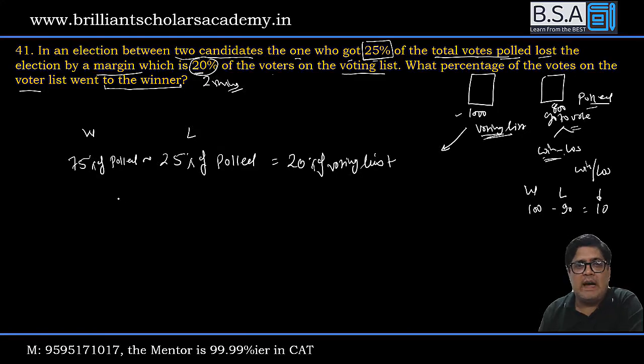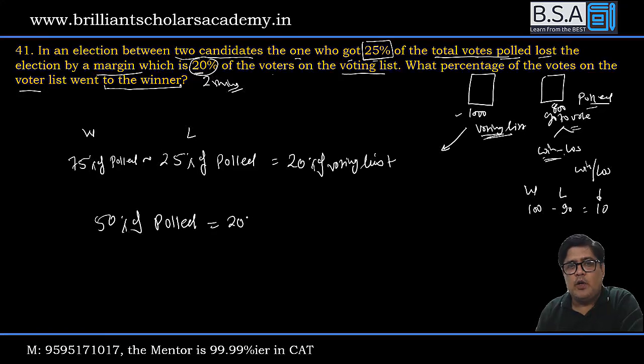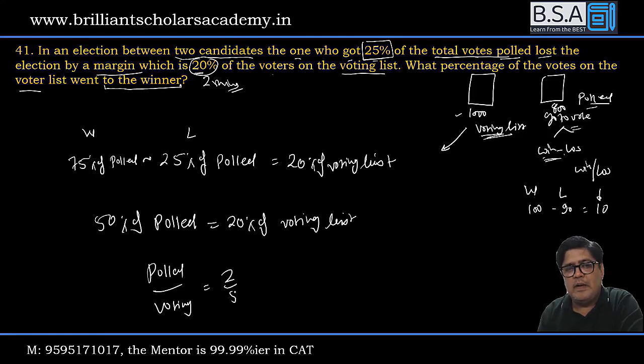So this gives me an idea. 50% of polled is actually equal to 20% of voting list. So polled upon voting is 2/5. If there are 2 votes in the polling booth, there are 5 votes on the list.